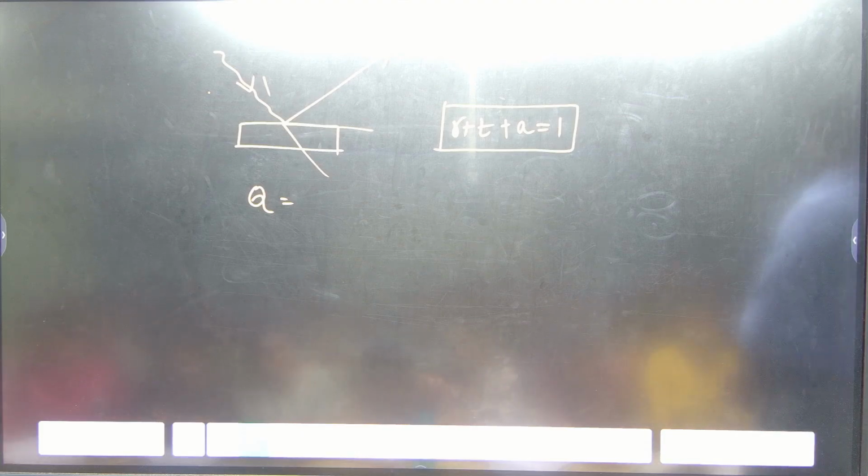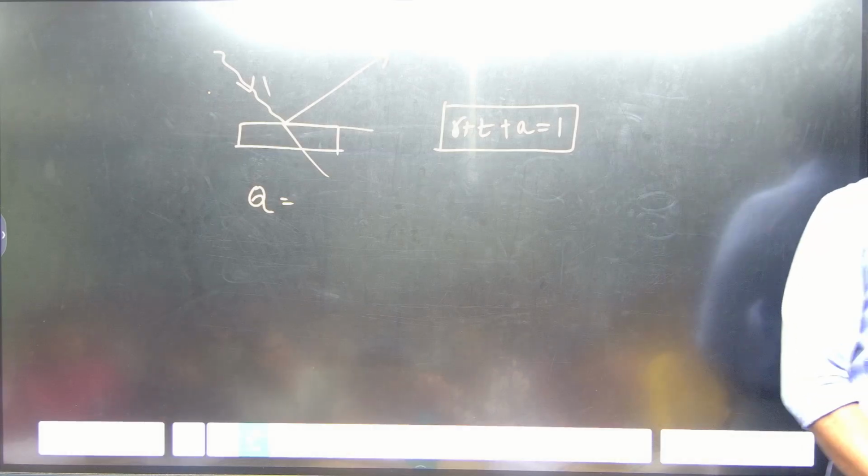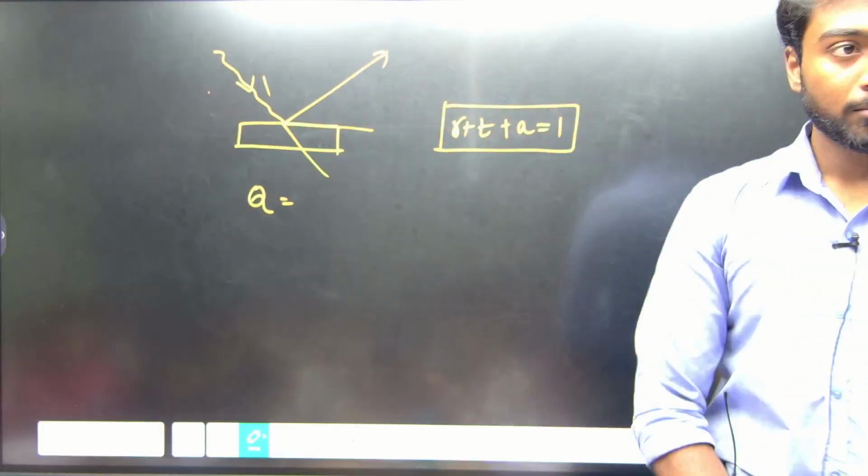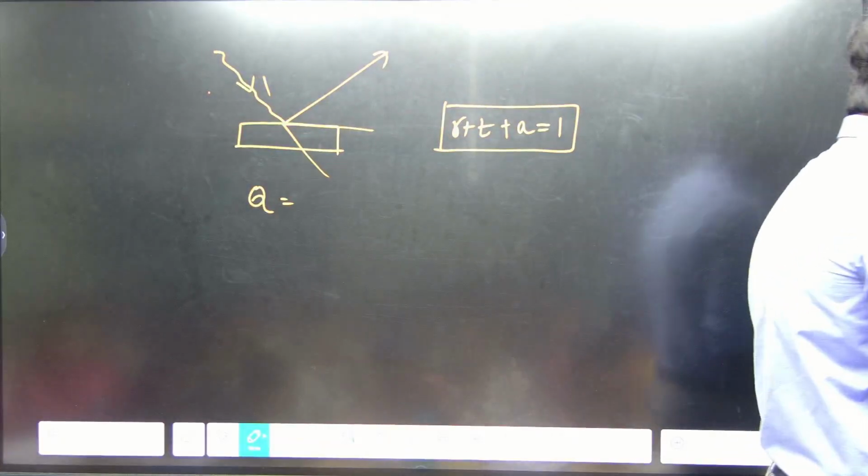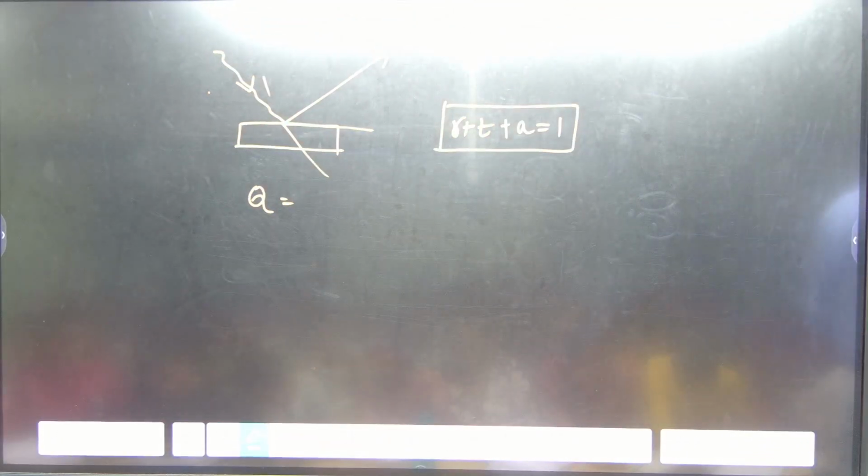Next subheading: emissivity, which is denoted by small letter e.